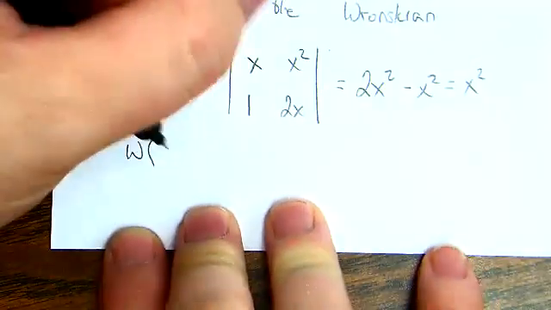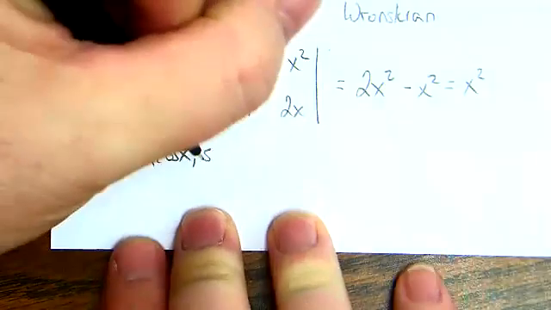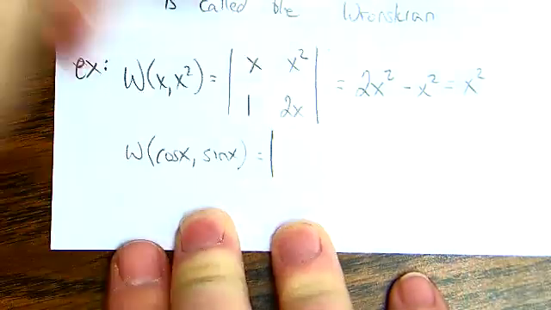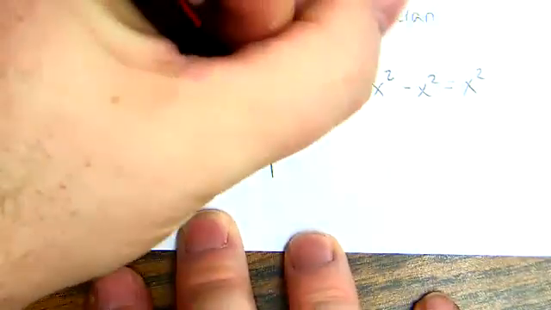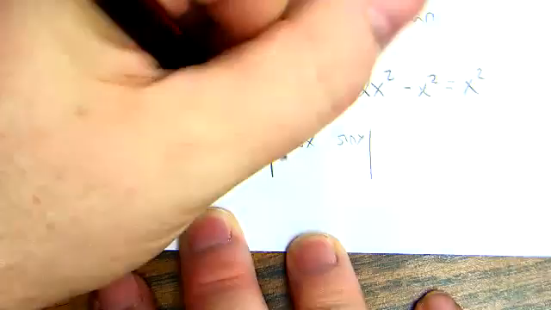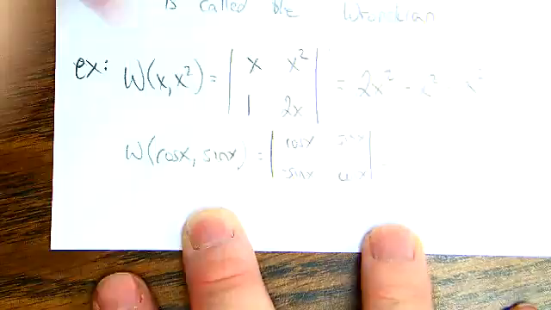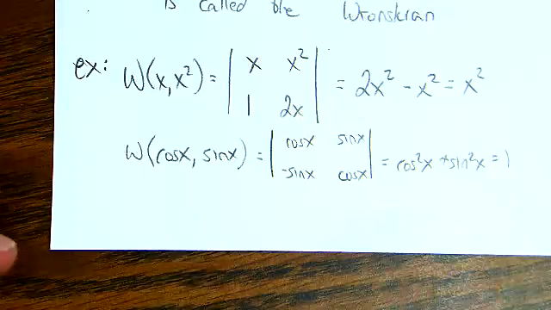I can calculate the Wronskian of cosine x, sine x. This is cosine x, sine x. The derivative of cosine is negative sine. The derivative of sine is cosine. And so I get cosine squared of x plus sine squared of x, which simplifies to 1. That's cool.